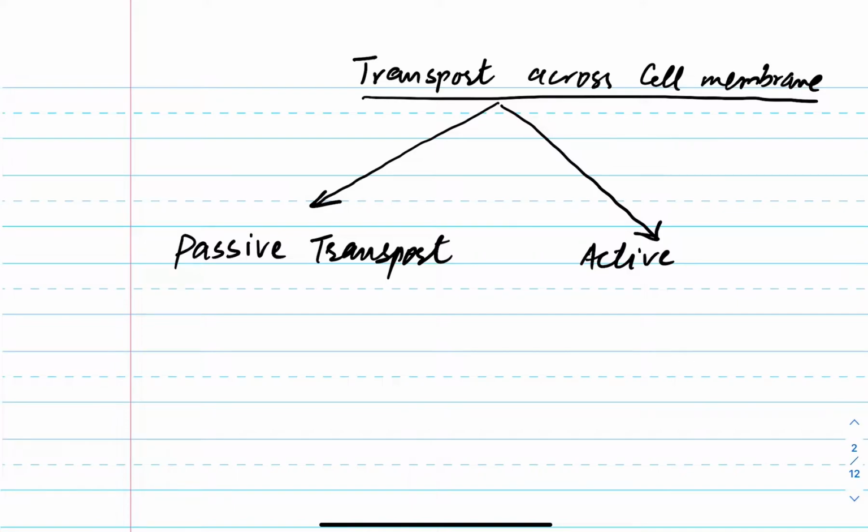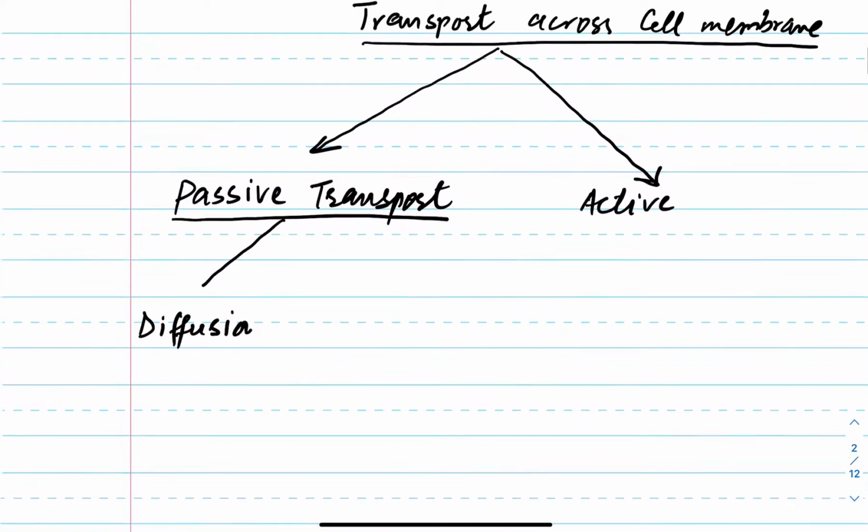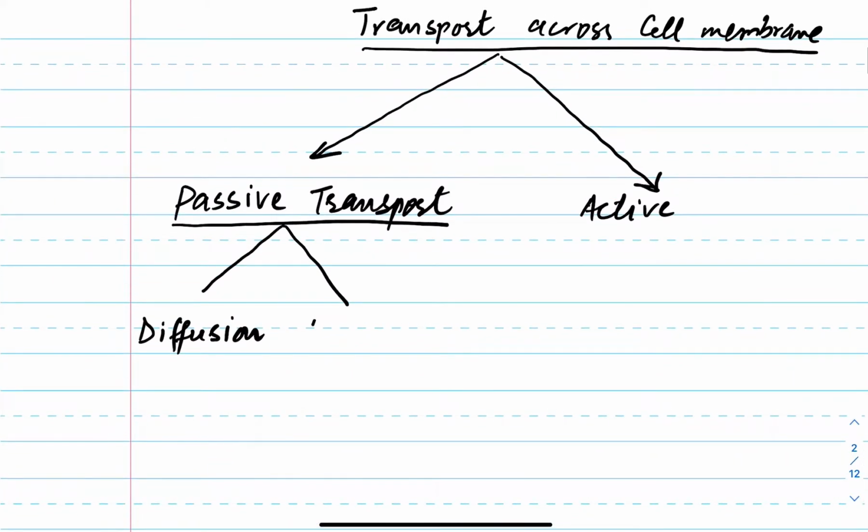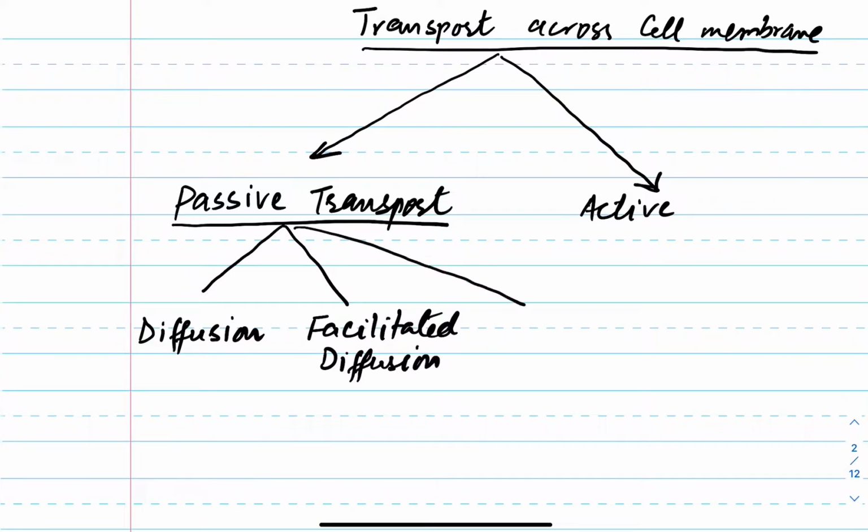Passive transport involves three methods. It is diffusion, facilitated diffusion, and osmosis.